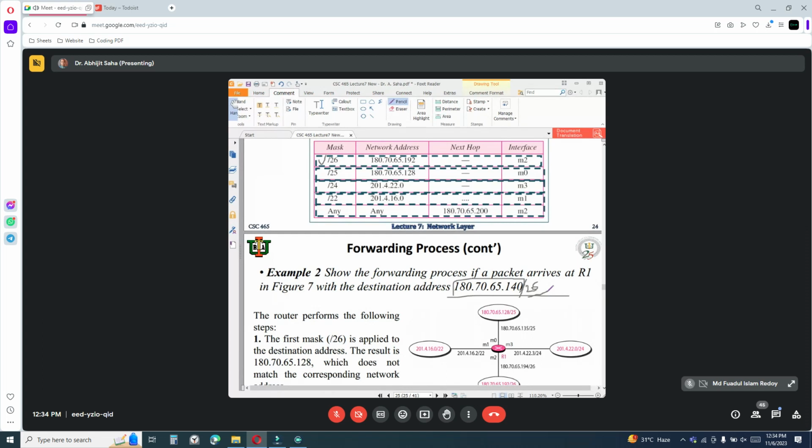Then you take the network address and check whether it is matching or not. If it is matching, you say the packet is going to be forwarded to this network via the m2 interface.